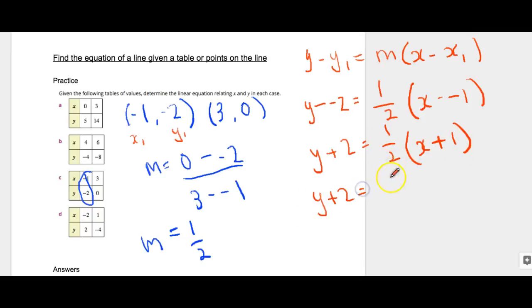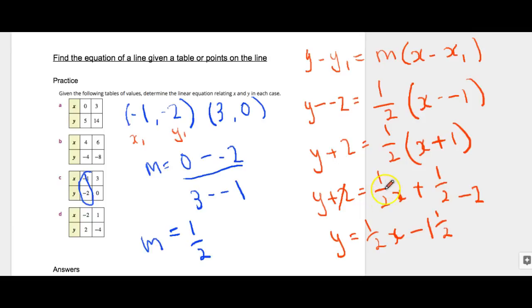Just leave that 2 there for now. So we have a half x plus a half. And then bring that 2 over by taking it away. So we take it away over here. So we have y equals a half x. Half minus 2 is -1.5.